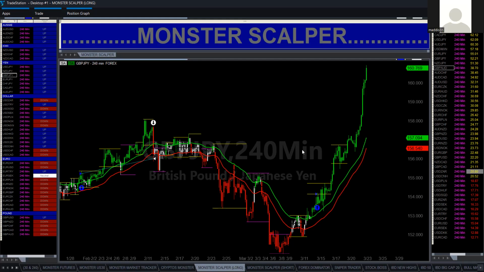Like based on what money I have in the account, based on the currency pair and the margin, the amount of leverage, the lot size.